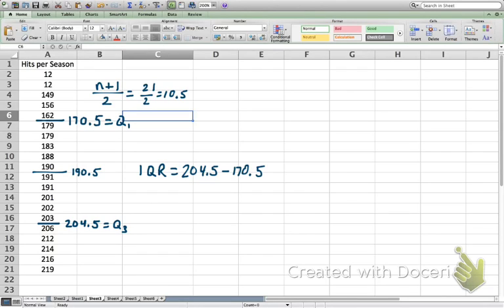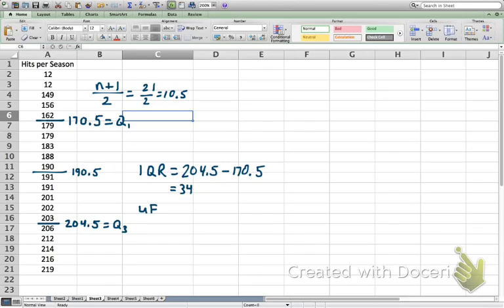We could use Excel to do these calculations for us. I happen to have a calculator right in front of me. I'm just going to do that quickly. And the IQR is 34. Now, we have to find something called the upper fence and the lower fence. The upper fence is the cutoff that separates just regular old data values from actual outliers.